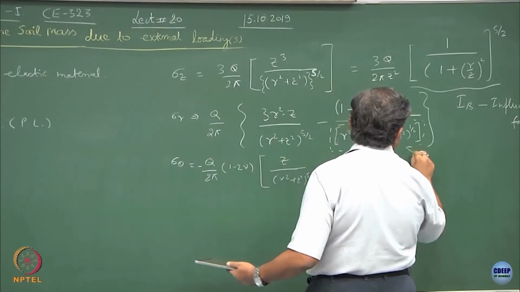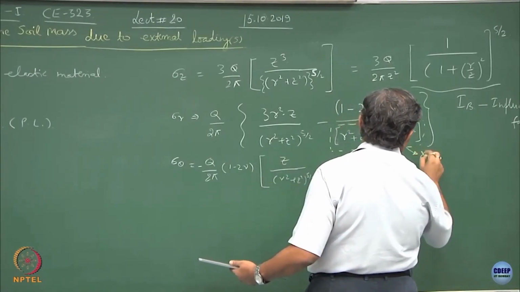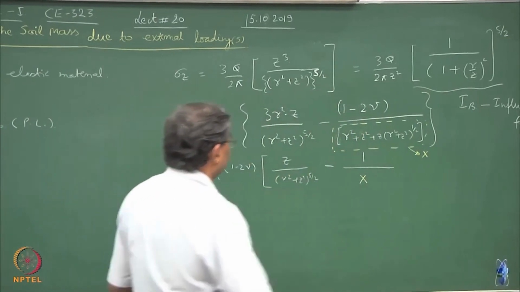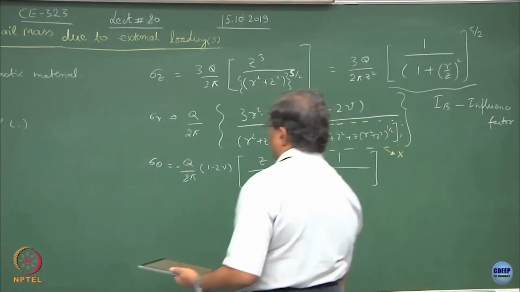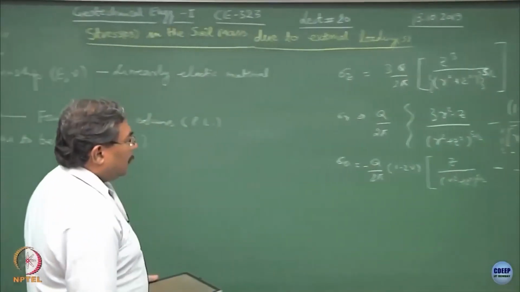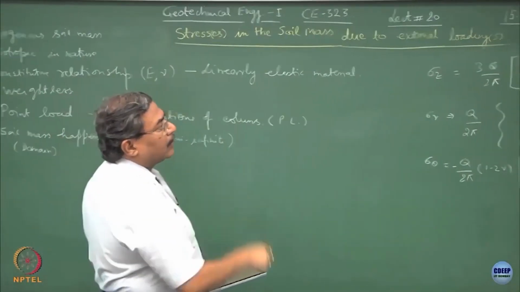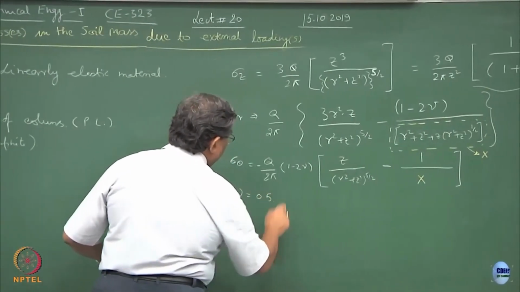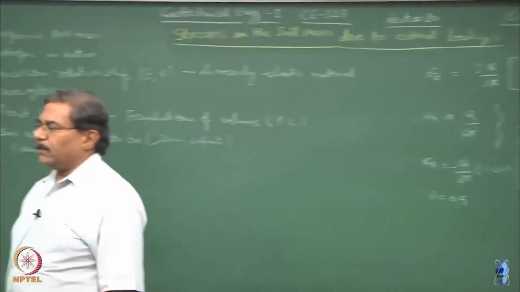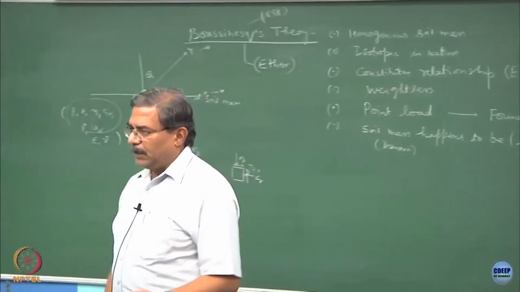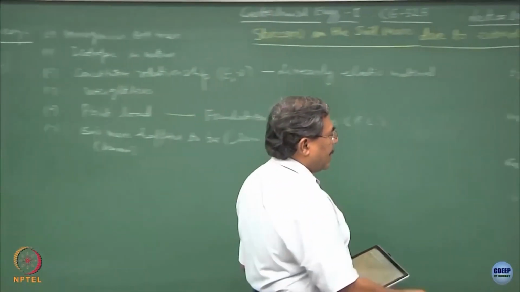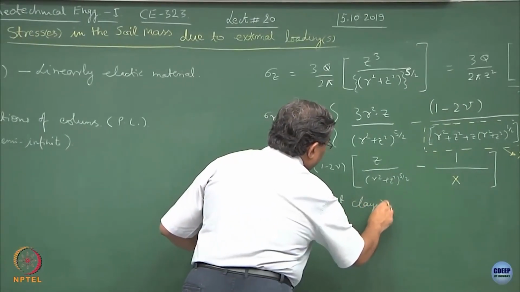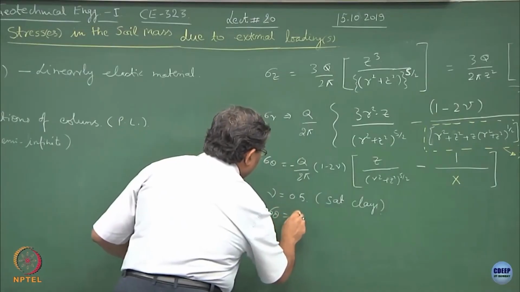If I use this term as, let us say, capital X, so this becomes capital X. Now, there is an interesting thing. If Poisson's ratio is equal to 0.5, which is for saturated soils, saturated clays particularly, sigma theta becomes 0.